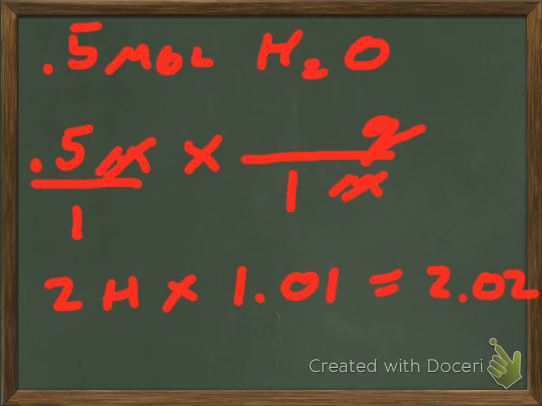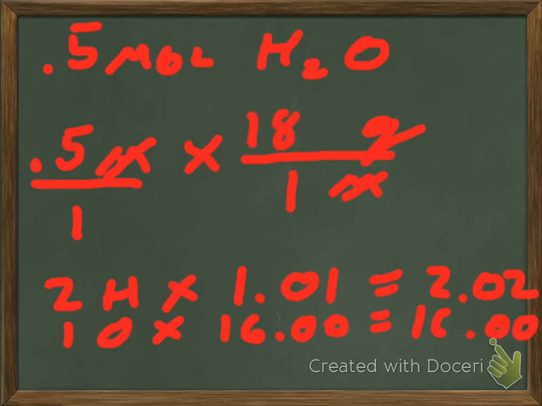And then you had 1 oxygen, times the value of oxygen, which is 16 grams, and so that gives you 16 grams of oxygen, and the total ends up being the molar mass of water is 18.02.